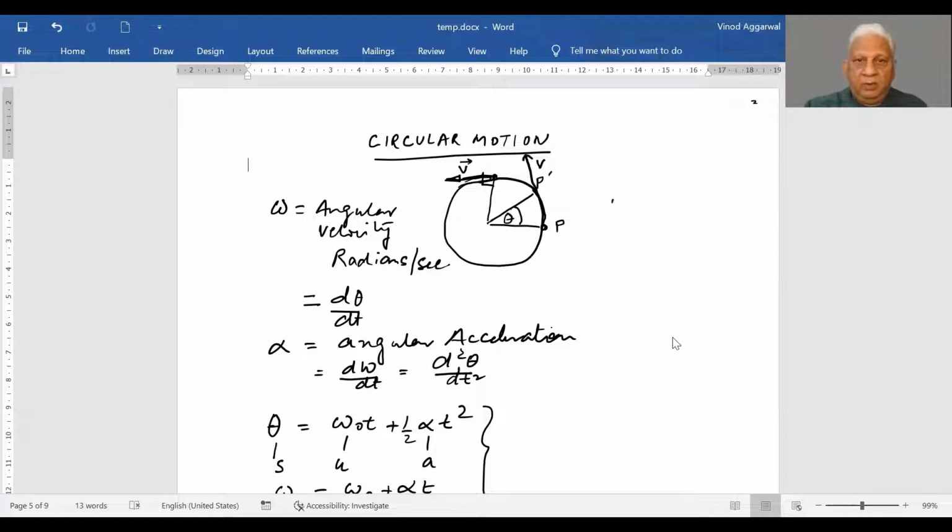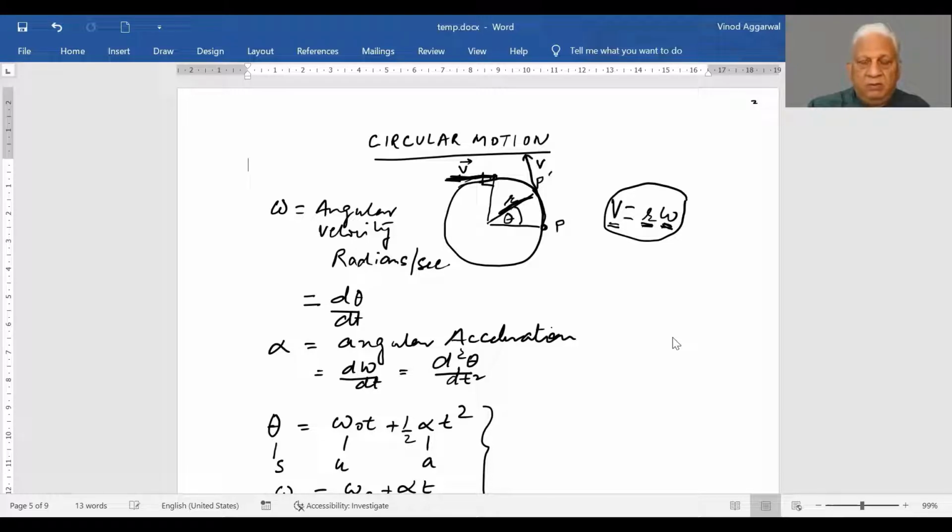And geometrically we can see velocity is equal to r, the radius of the path, into omega, the angular velocity. V is the linear velocity at any time, like here. R is the radius, this radius.